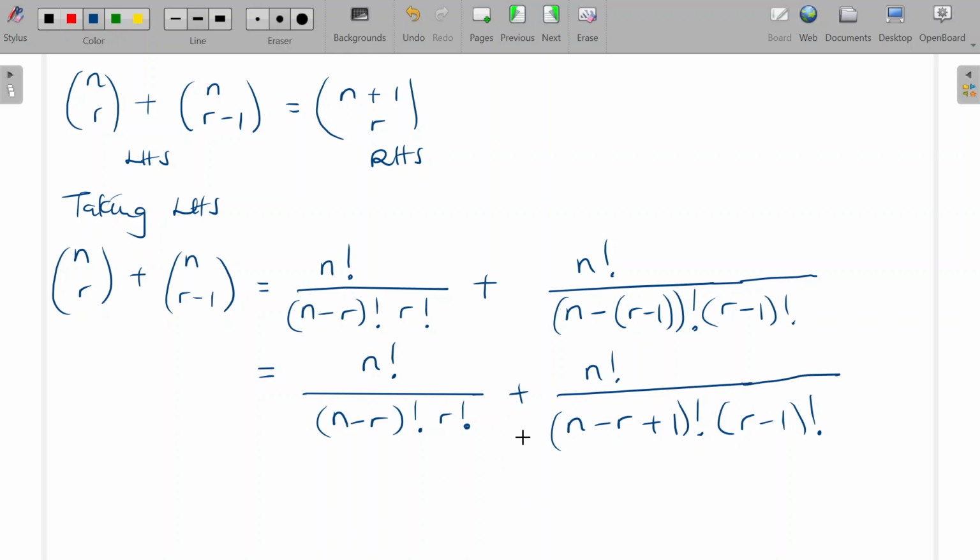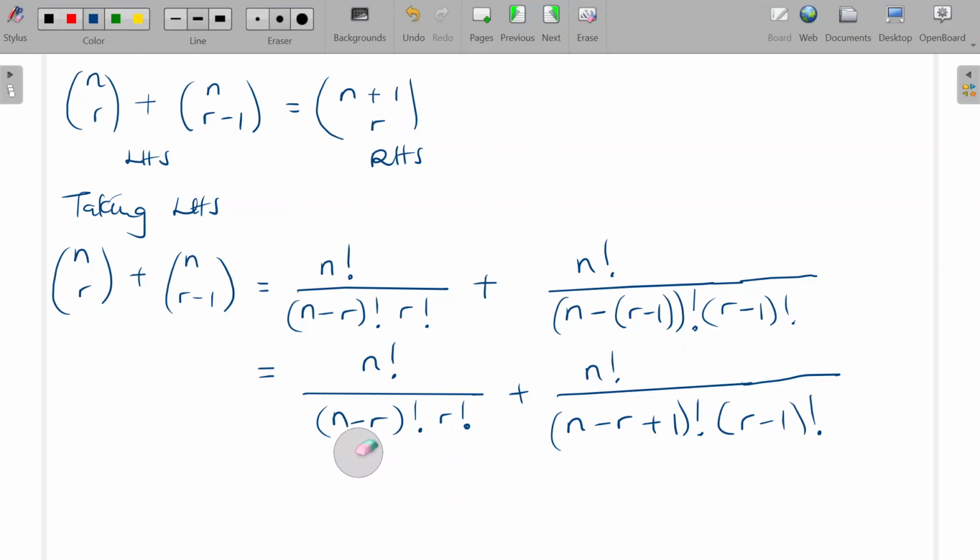So now when I reach this part, my next goal is to find the common denominator, because we apply the same principles we use in fractions. When you're dealing with binomials, you deal with n and r, so you look at the component of n and of r.